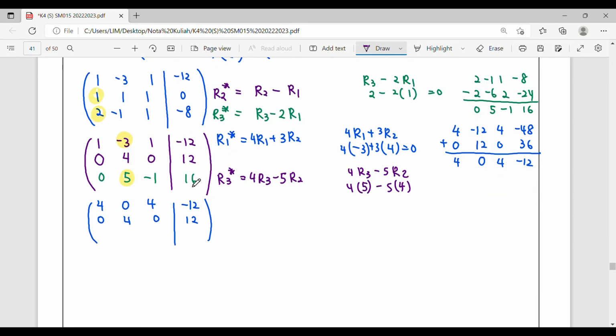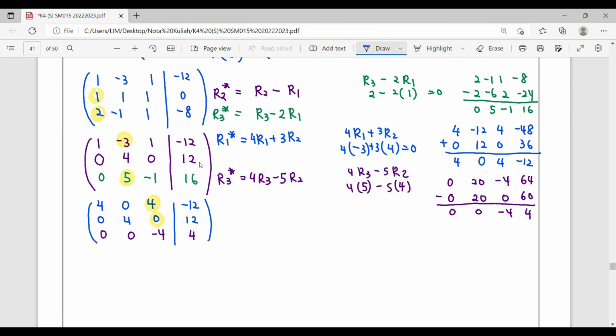So here we have 0, 0, negative 4, 4. Then the third step, we're going to change the remaining entry to be 0. Since here it is already 0, we don't need to change anymore.